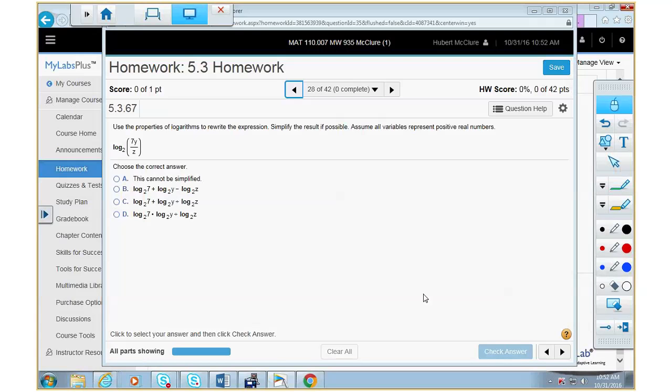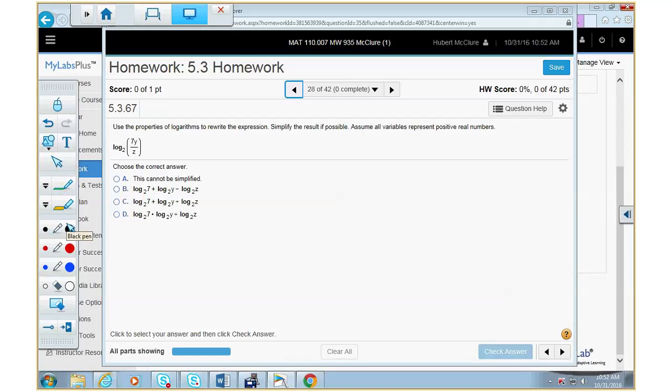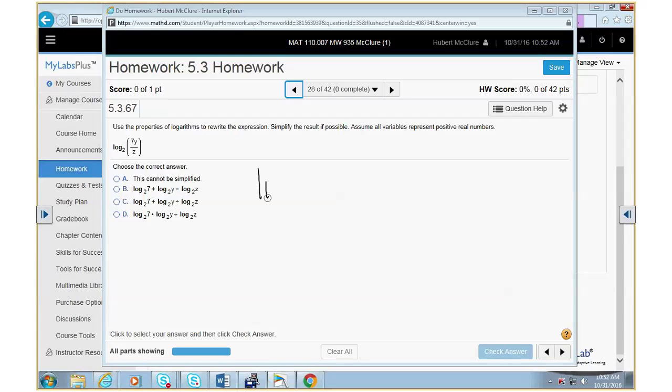All right, so what would that be? Log base 2 of what? 7y minus log base 2 of z. But we're not finished. Why not? Because y'all are smart and y'all know what's going on, right? 7y minus log base 2 of z.